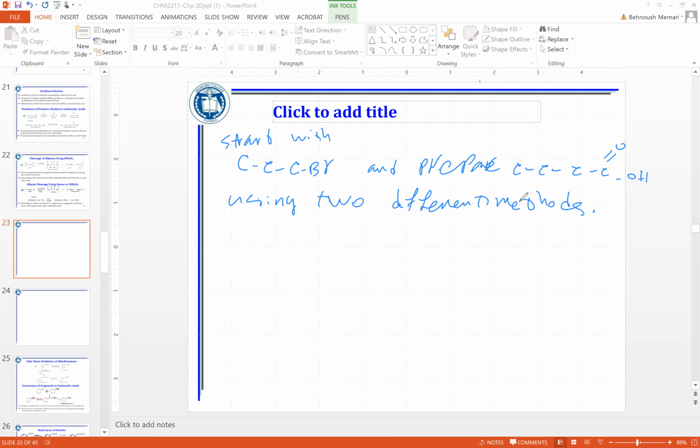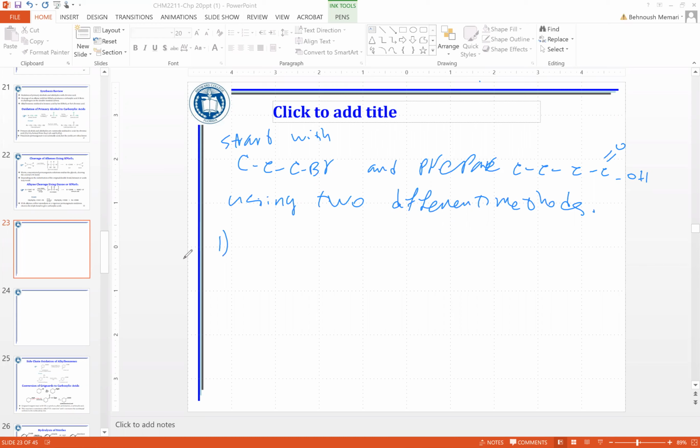Okay, can you tell me one? What would be the first method? You have alkyl bromide, or propyl bromide, and you want to get butanoic acid. What would you do? What method would you use?